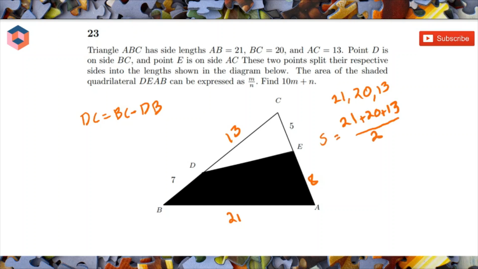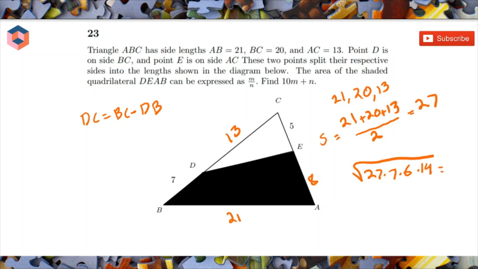So we have 21 plus 20 equals 41 plus 13 equals 54. 54 divided by 2 equals 27. So the area of this triangle is the square root of 27 times 27 minus 20, which gives us 7, times 27 minus 21, which is 6, times 27 minus 13, which gives us 14.